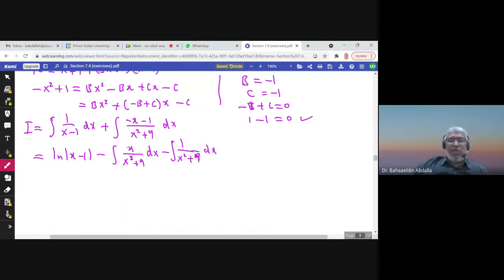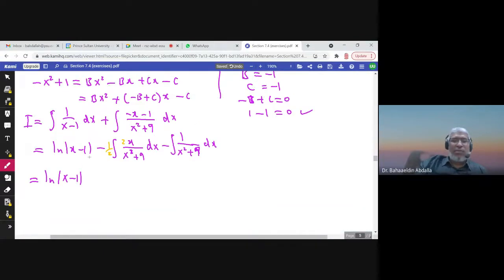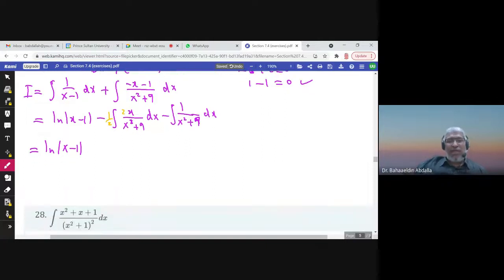Because now I can solve this by substitution, because the derivative of x squared plus 9 is 2x. And I can solve the last integral by tan inverse. I have a formula for tan inverse. So the final answer would be ln absolute value of x minus 1 and negative half.